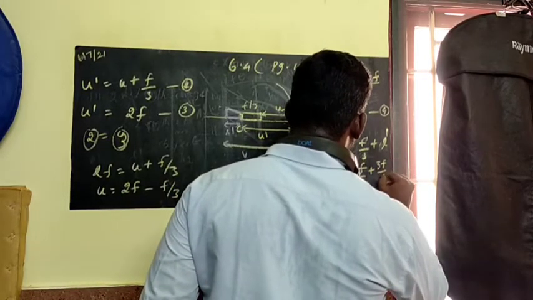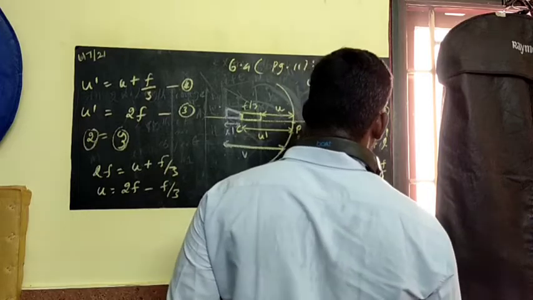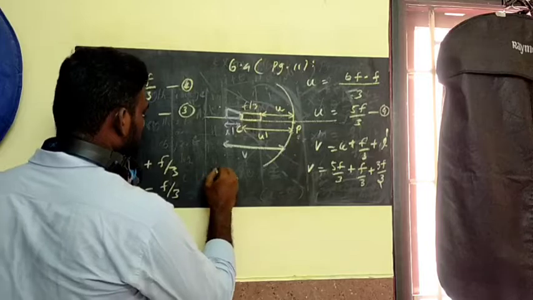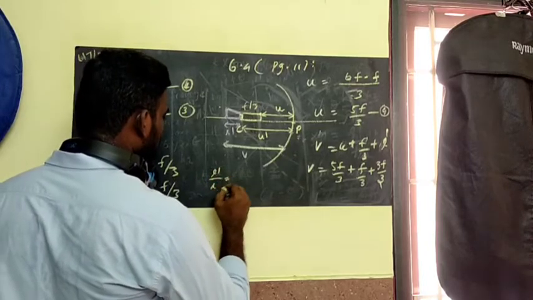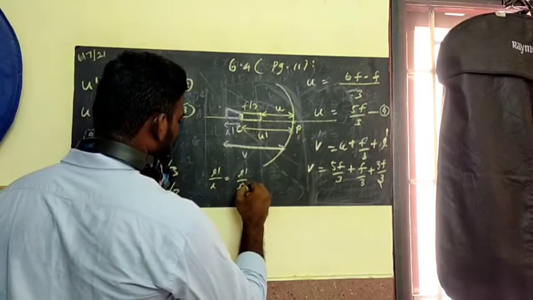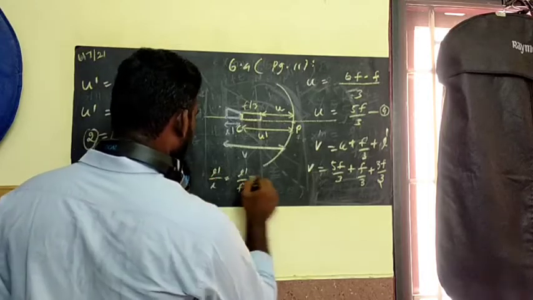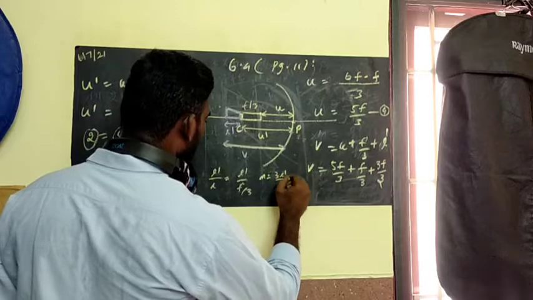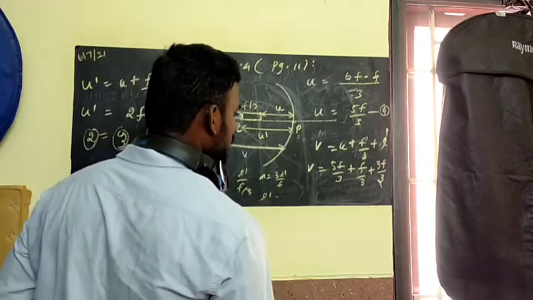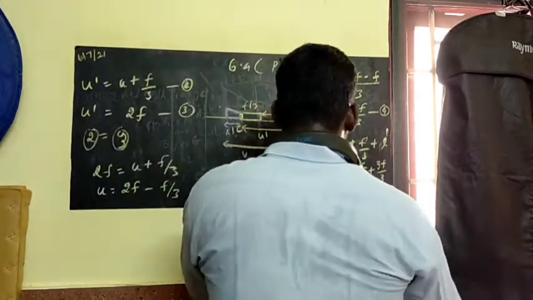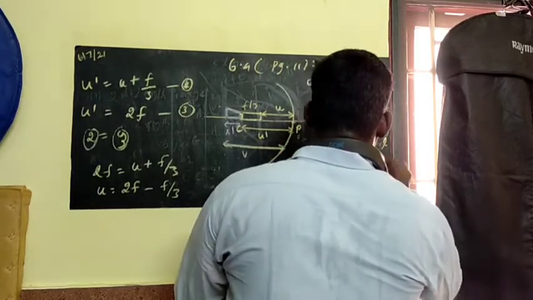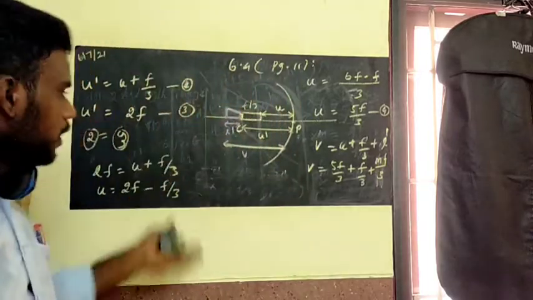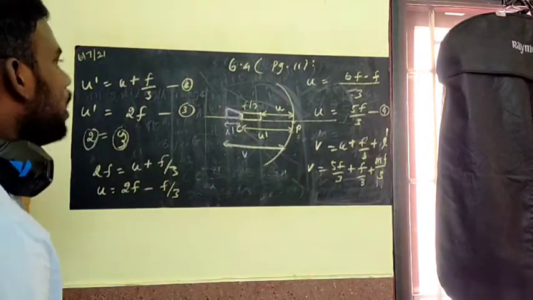That is what we studied: L dash by L, that is L dash divided by f by 3. Here we have m, so m equal to 3L dash divided by f. Then L dash equal to m f by 3. This is L dash, we found already. Is that clear?